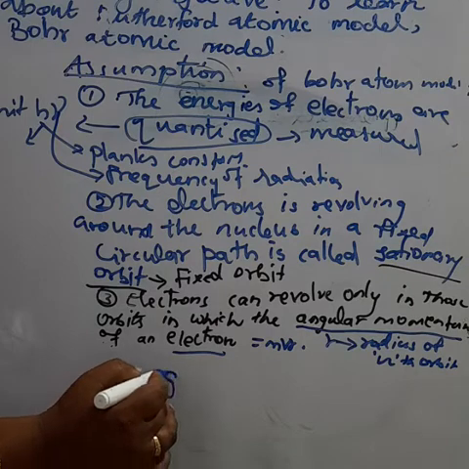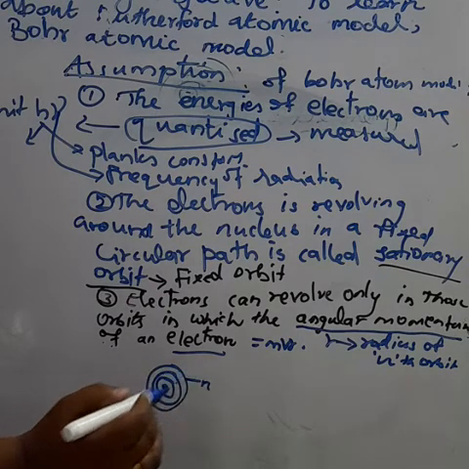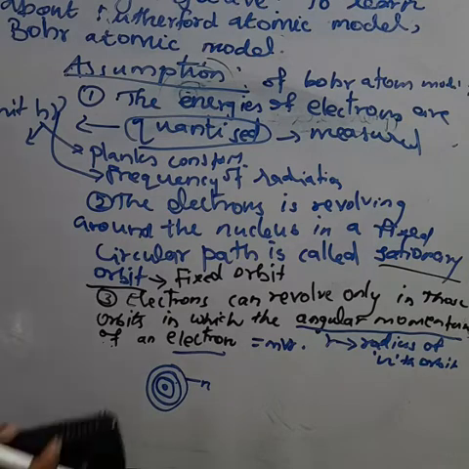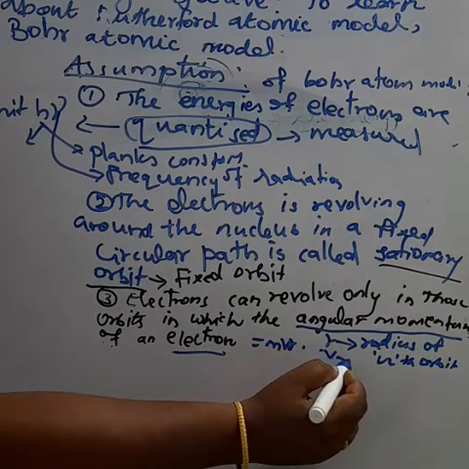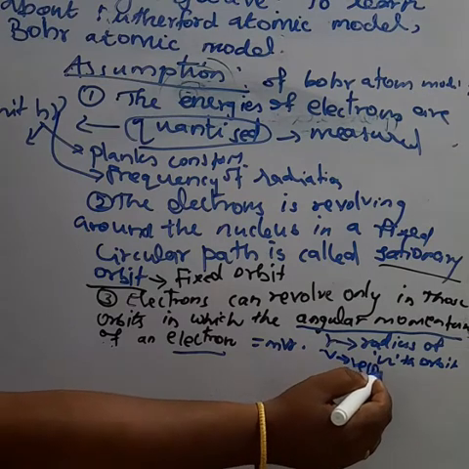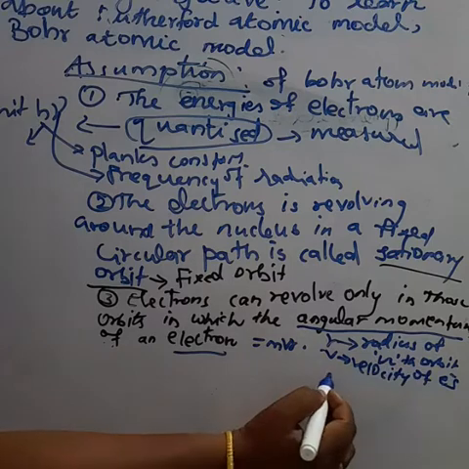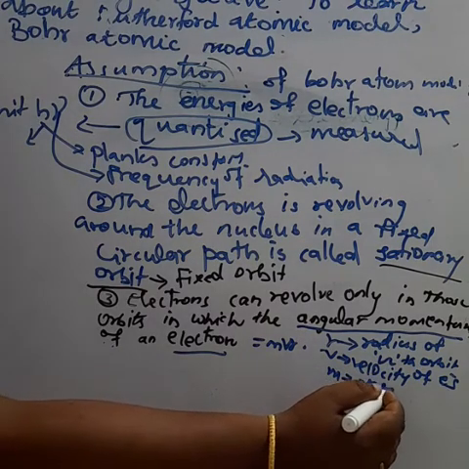We indicate this orbit by n. R means radius of nth orbit, V means velocity of electrons, and M means mass of electrons.